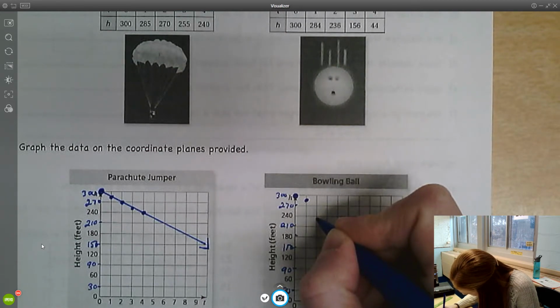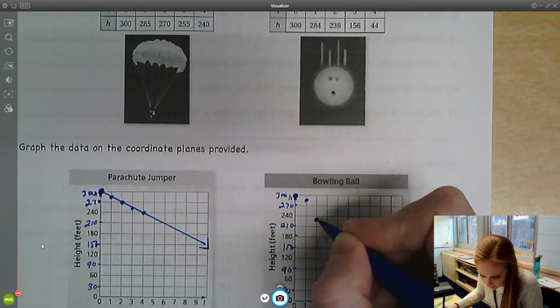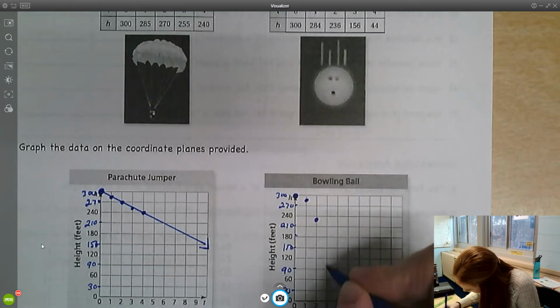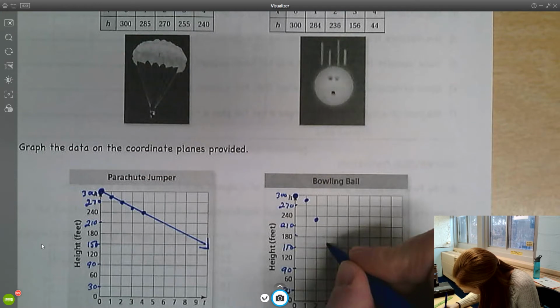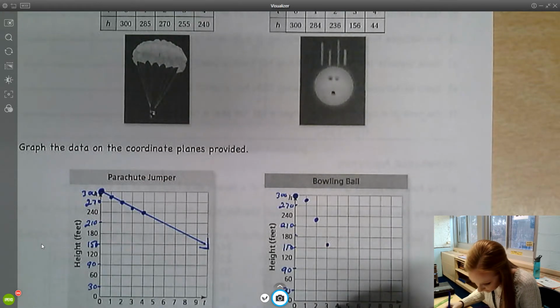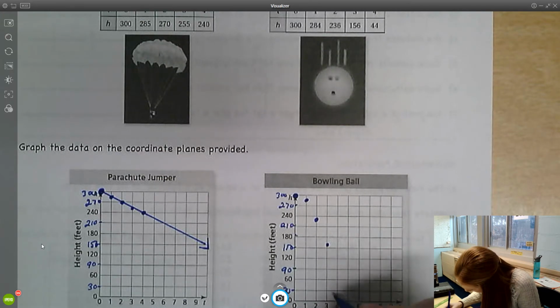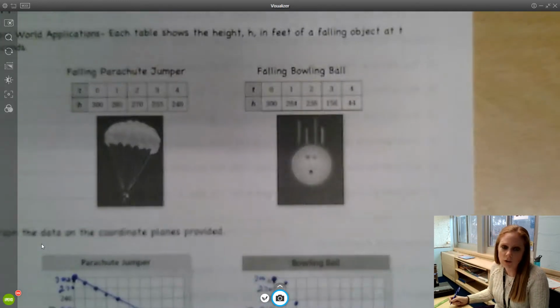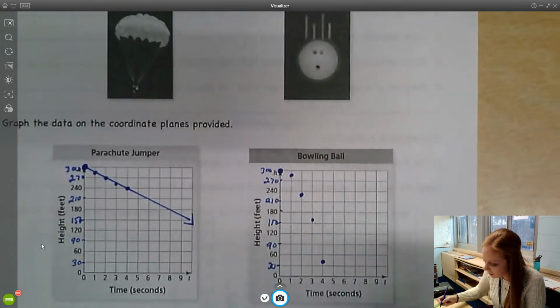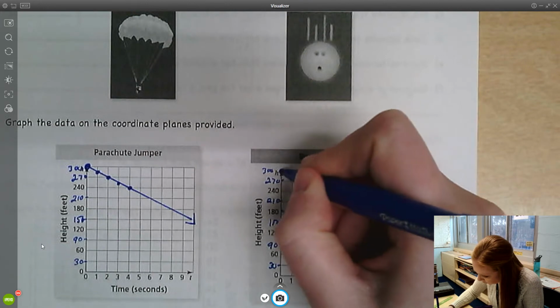So that would be just under 240. At 3 seconds, it's at 156. So that would be right about here. And at 4 seconds, it's at 44 feet in height. So that would be in between 30 and 60, right about here. Okay, and again, I just got those from the table. This is not making a straight line. This is going to be a curved line.